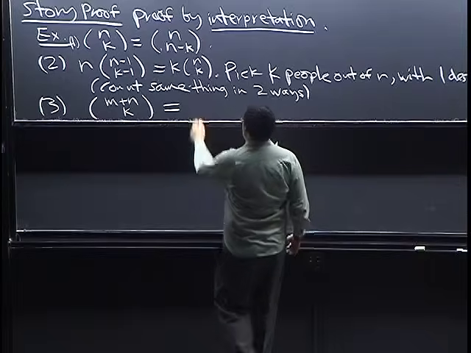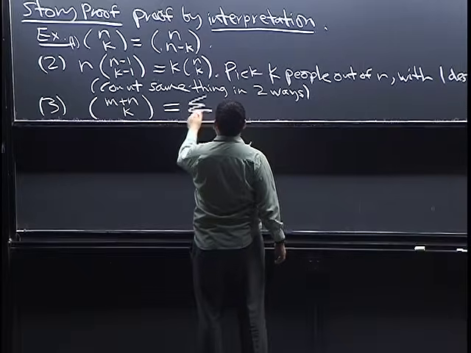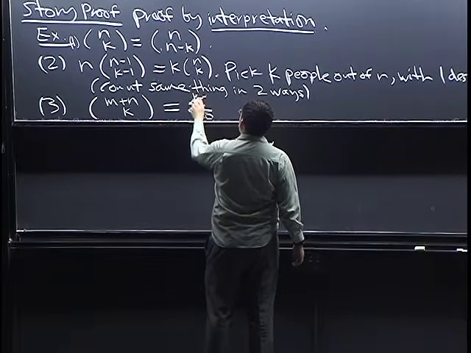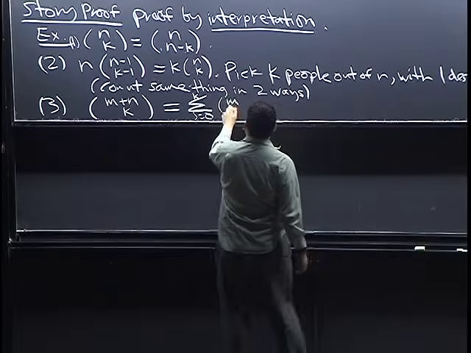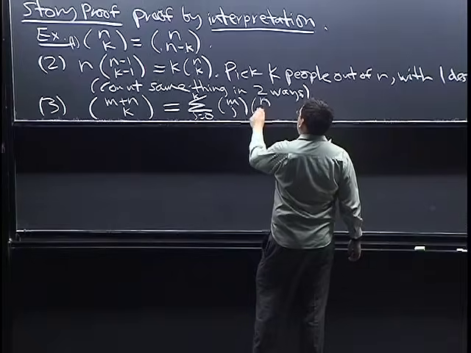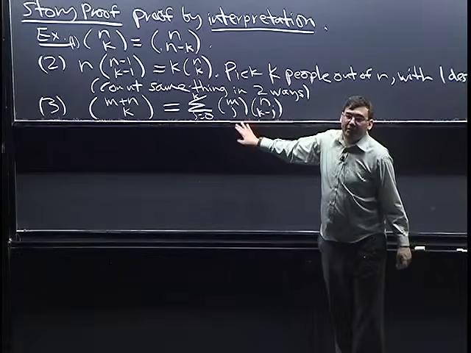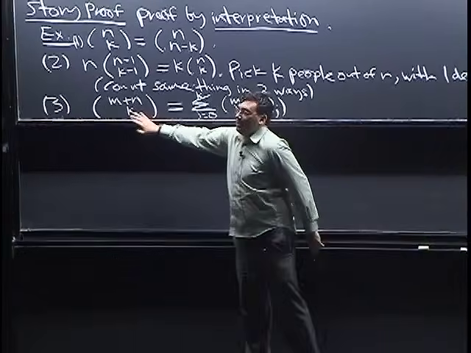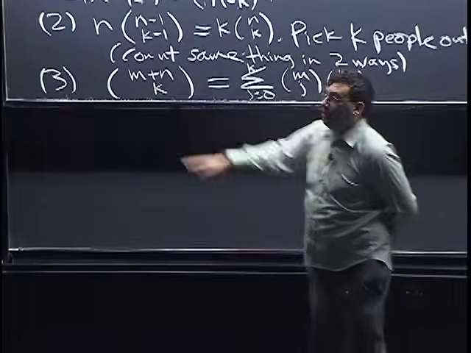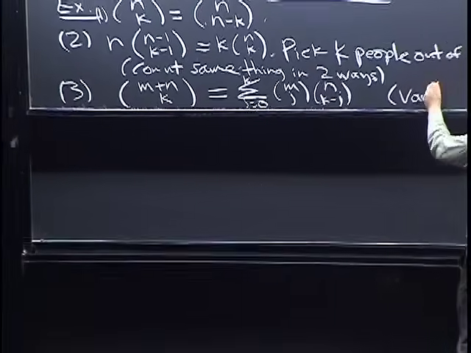Usually it goes the other way around, that we're going to see a sum that looks like this: the sum from j equals 0 to k of m choose j times n choose k minus j. So suppose we had this sum, and we want to prove that this sum just collapses to this one binomial coefficient. This is a famous identity in math called Vandermonde's identity.